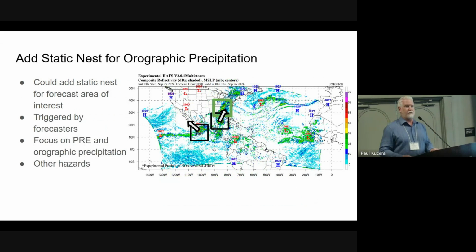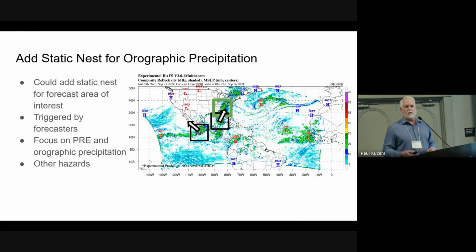One other item that is a possibility, since we have multiple moving nests enabled, is that you could also add a static nest and still have several other moving nests.